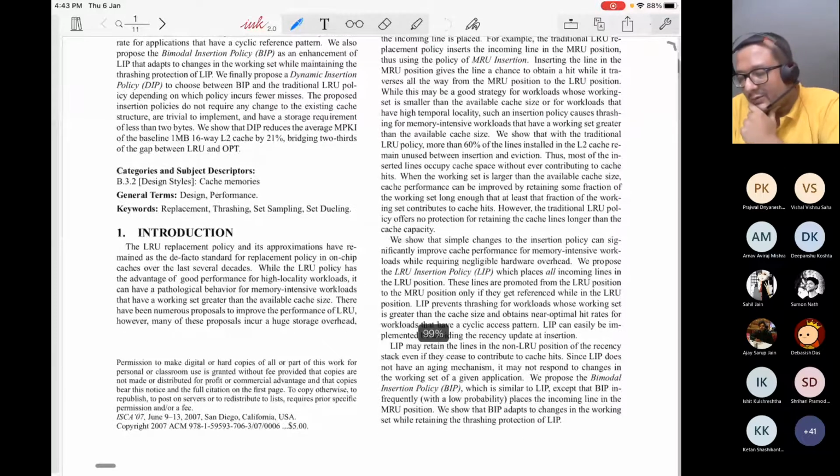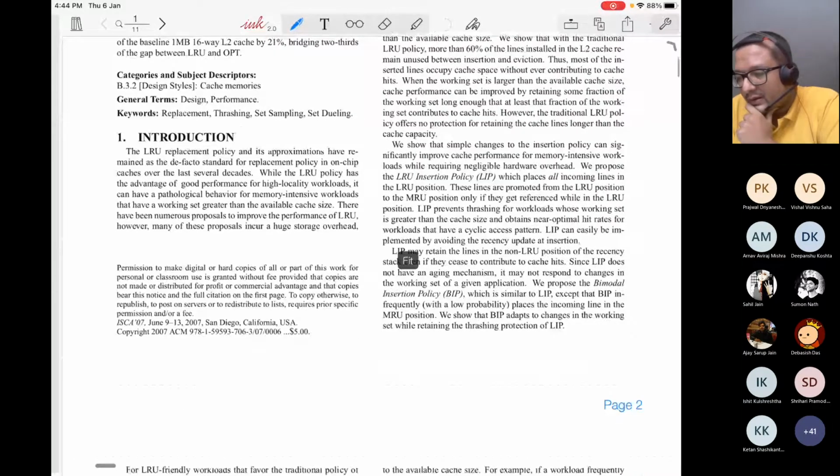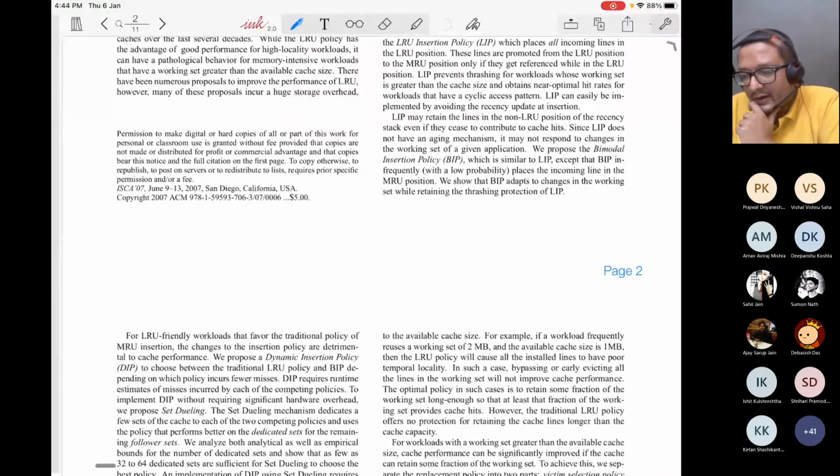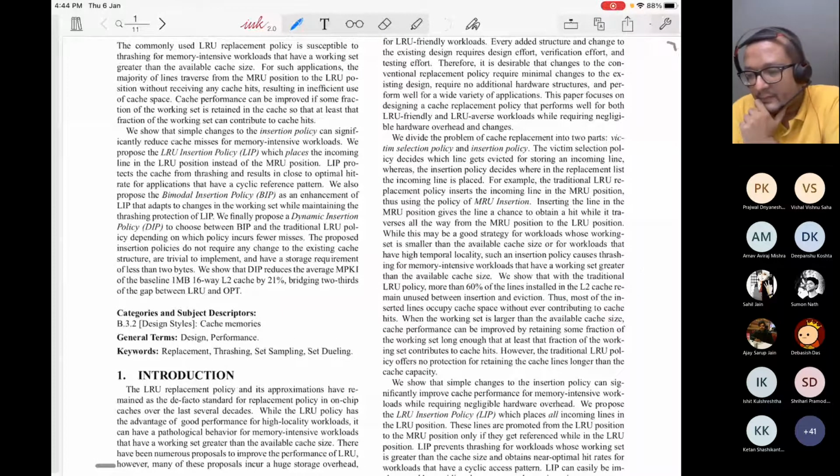Let me go through it and show you how I review papers. Even I am reviewing ISCA papers this year. We have already read the abstract, so I will do this. Can you see it? These are my key points.